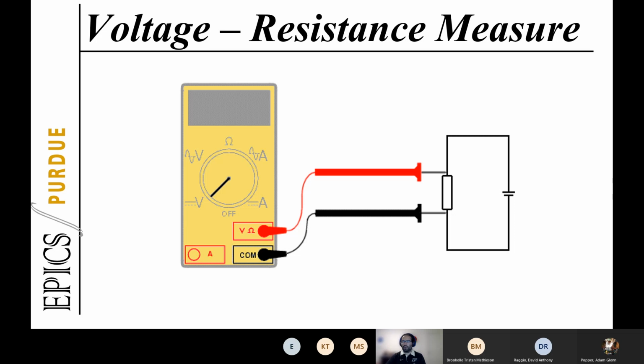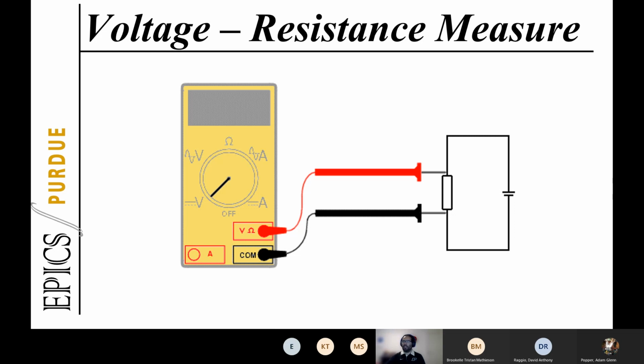There are a few tips to mention here. As you want to measure resistance, it is better if you just measure the resistance of your element on its own. Otherwise, what you're going to be looking at is not going to be the resistance of just the element you're looking at, but the resistance of this whole circuit.